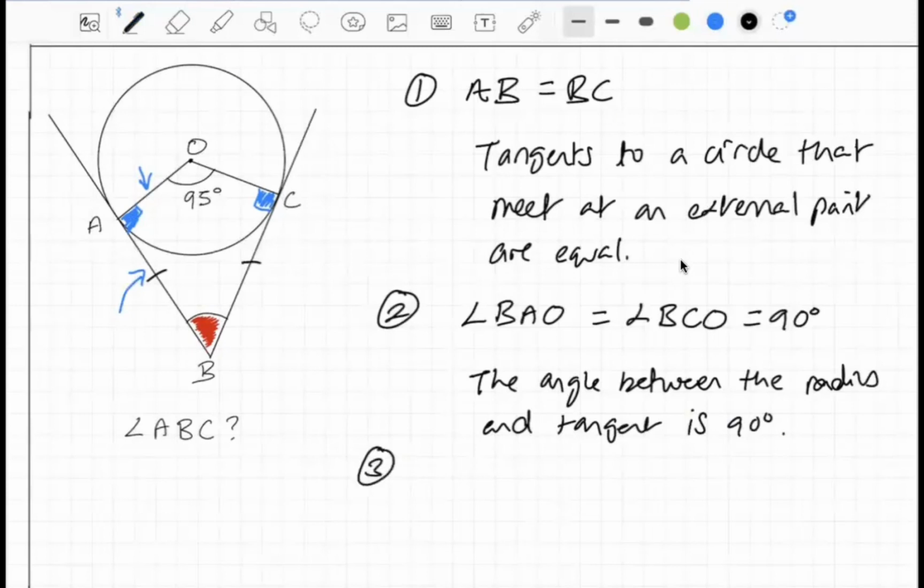And the third thing I see is that angle ABC is going to be 360 minus 90 minus 90 minus 95. So angle ABC is going to be 180 minus 95, which is going to be 85 degrees.